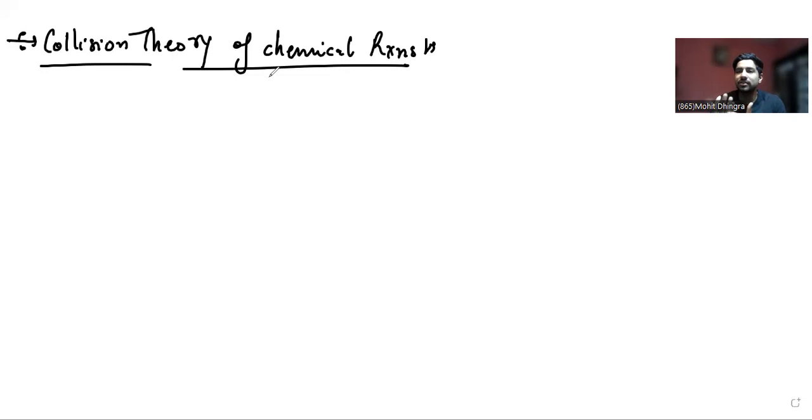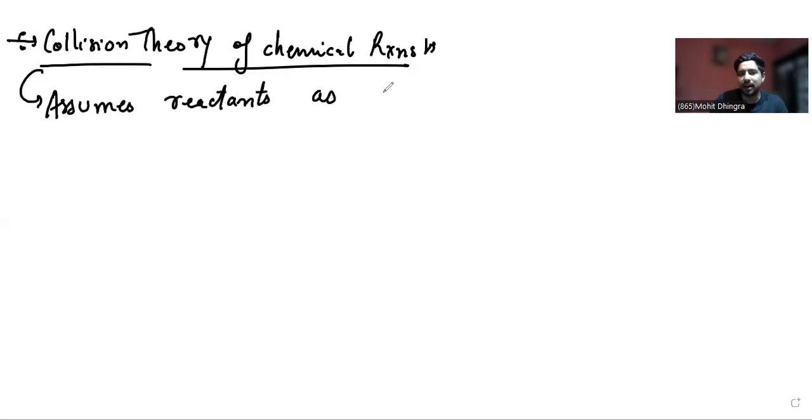This theory assumes reactants to be hard spheres, and those hard spheres undergo collisions. While they are undergoing collisions, they exchange their energies and form new bonds of the products. This is the postulate of this theory.